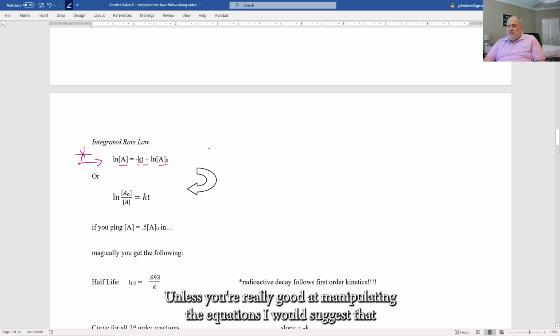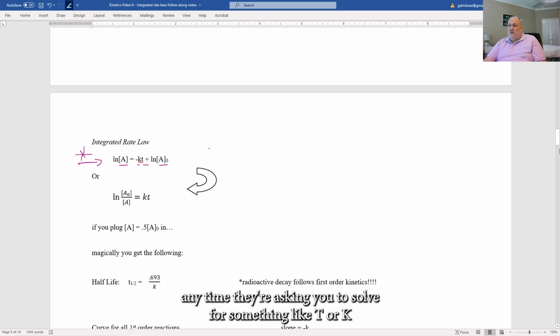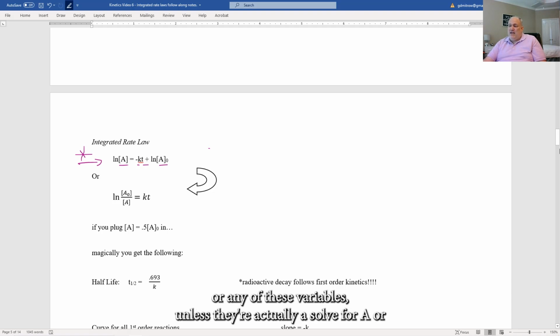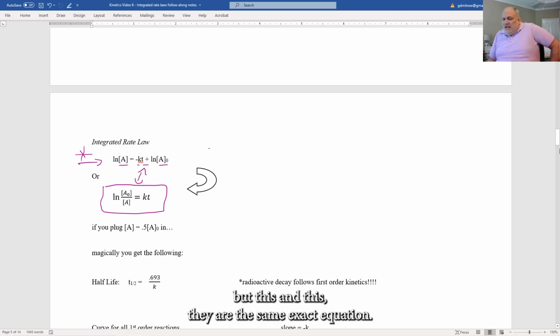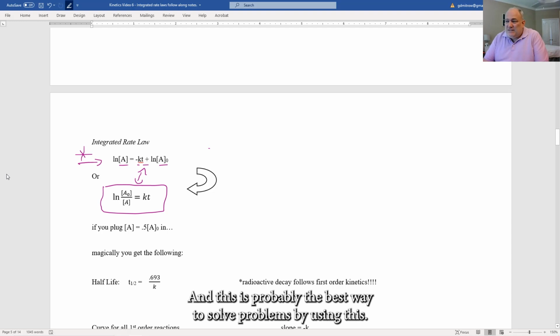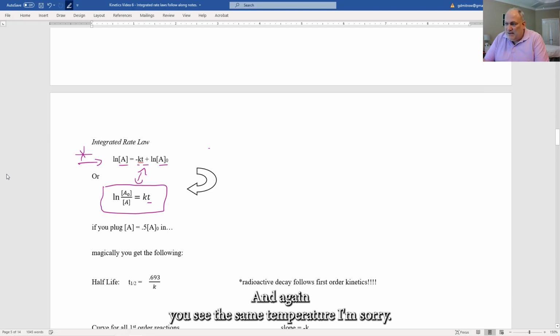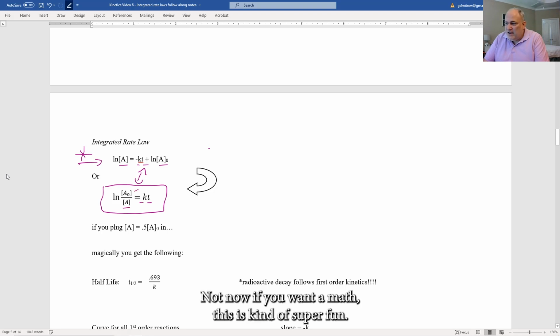Unless you're really good at manipulating equations, I would suggest that anytime they're asking you to solve for something like t or k or any of these variables, unless they're actually going to solve for A or A naught, you rearrange this equation and this is the form that you use. Now, this may not look like it, but this and this are the same exact equation, and this is probably the best way to solve problems. And again, you see the same time, k, our A, and our A naught.